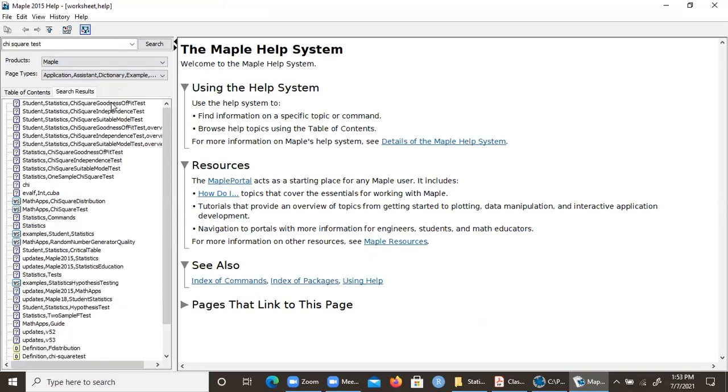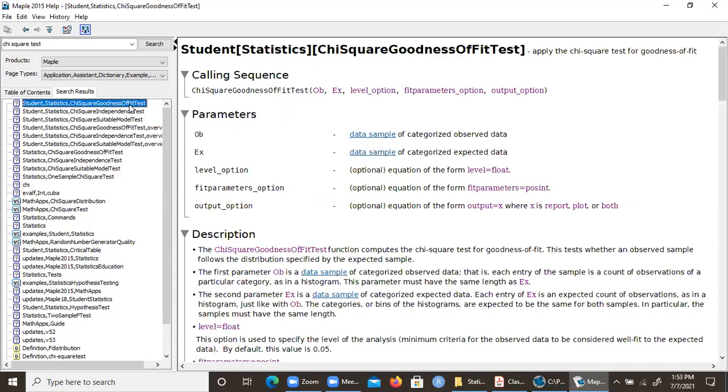See, here it is showing one of the tests, called the chi-square goodness of fit test. Probably this is the command that I want to use over here. So we will click on it.